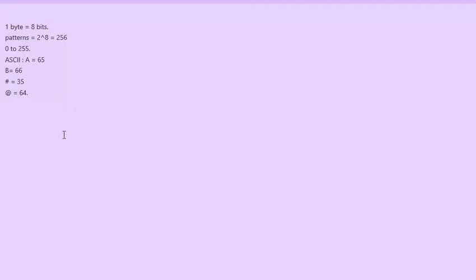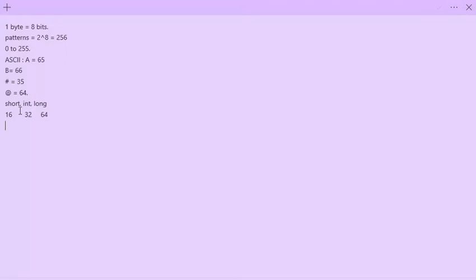I would also like to talk a little bit about the integer. So in integer we have short, int, long. For short it is 16-bit, for integer it is 32-bit, for long it is 64.